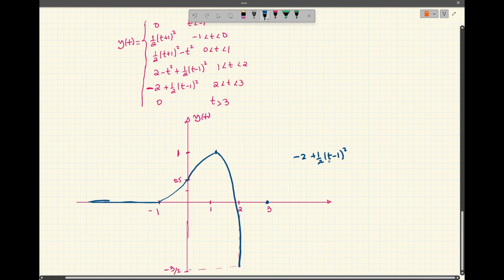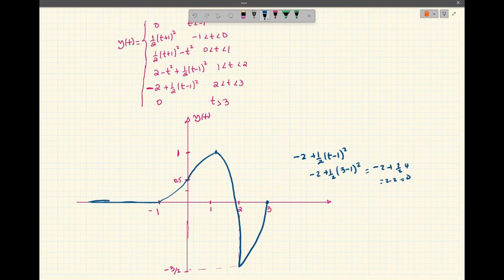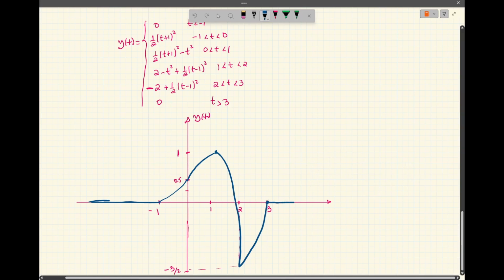At t equal to 3, you have -2 plus half (3 minus 1) square, which is -2 plus half times 4. So 2 minus 2, which is 0. So it's indeed equal to 0. So the graph will look something like this. It's gonna curve up because the coefficient of t squared is half in this case. Okay, so then 0 after that. So the function is 0 after that. So this is t. So that's y of t.